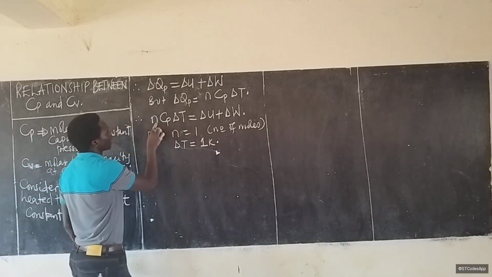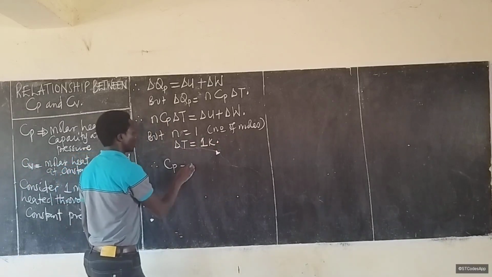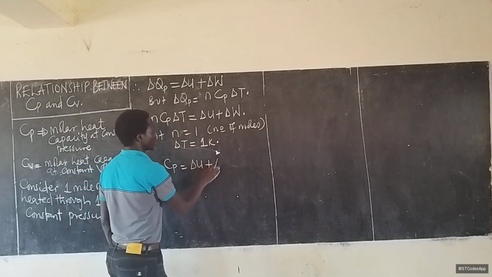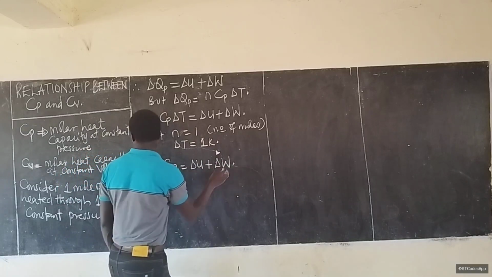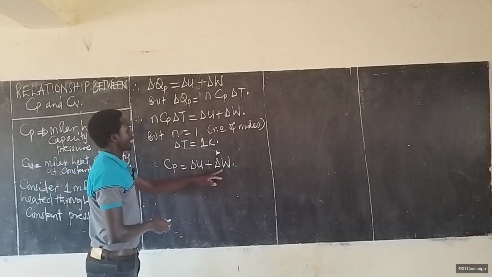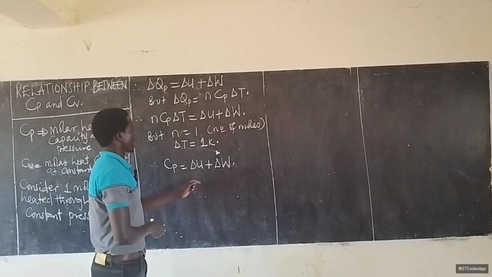So therefore, we shall have CP equal to change in U plus change in W. That is what we have for this case.